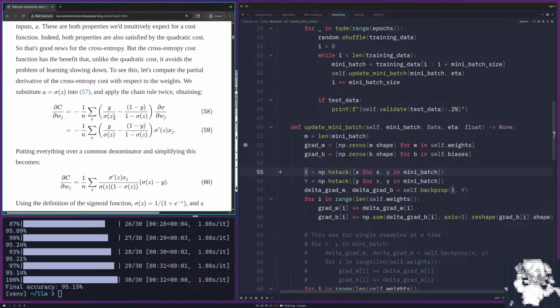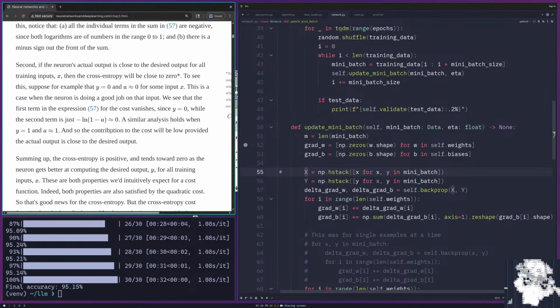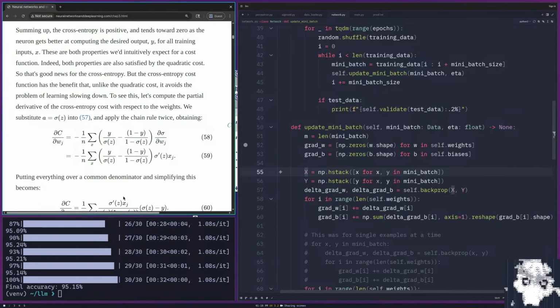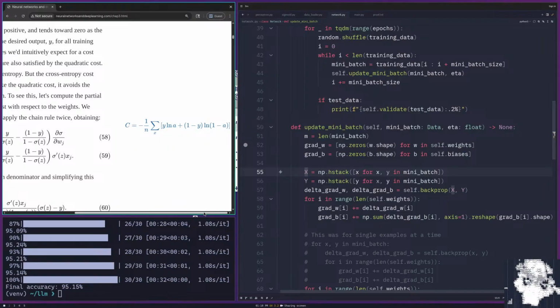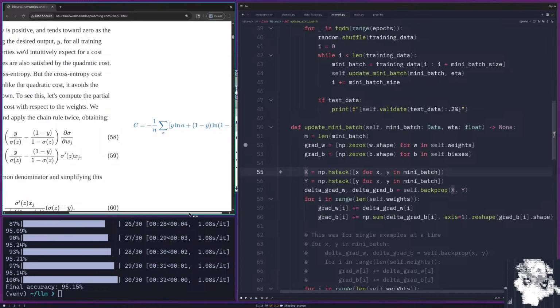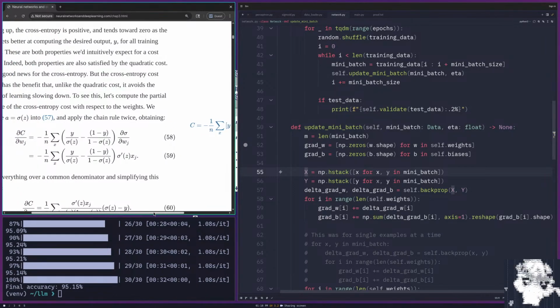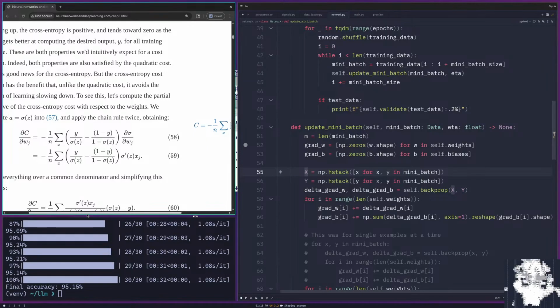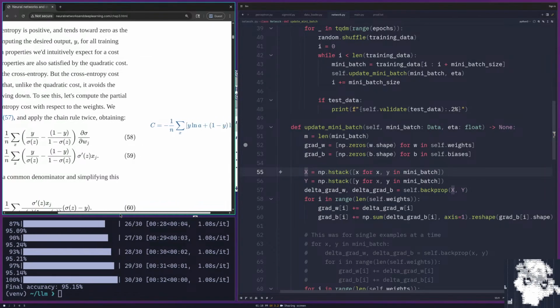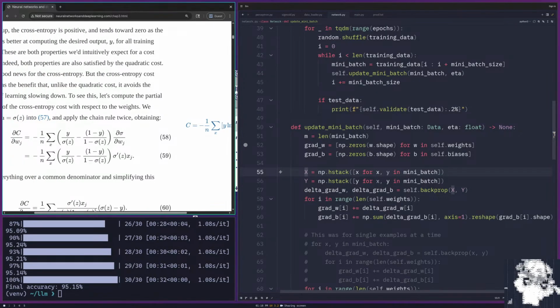Why do we have y over a? Where did the logs go? Maybe that's because we already took the derivative.